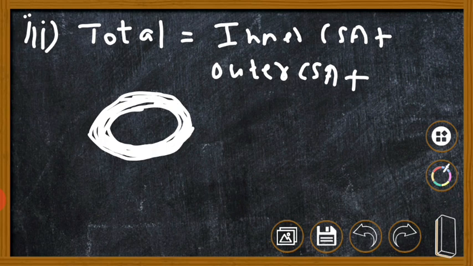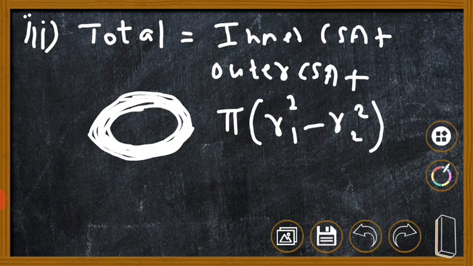Outer circle area minus inner circle area. That means you have to calculate pi r1 square minus r2 square. So this is the area of the ring. How to get outer circle area, what is that?